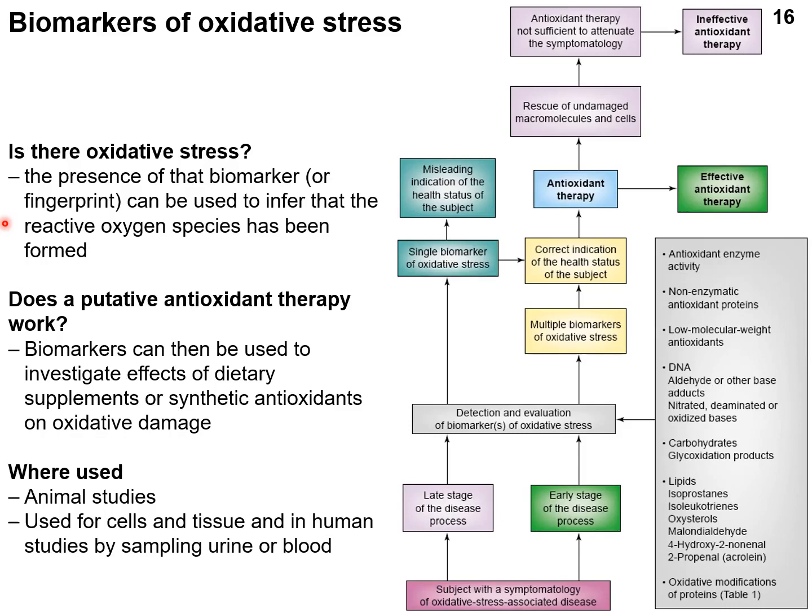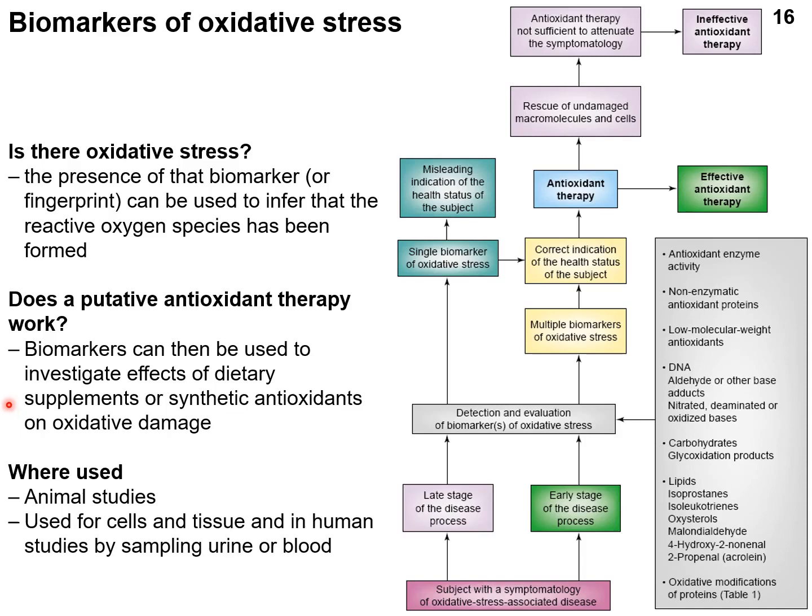We can use biomarkers in a variety of ways. One way is to use them to check whether antioxidant therapies work. So if you think that oxidative stress is exacerbating or causing a disease or a condition, you can try treating it with synthetic antioxidants or dietary supplements, which are antioxidants, to see if you can block the oxidative damage and, as a consequence, improve outcomes.